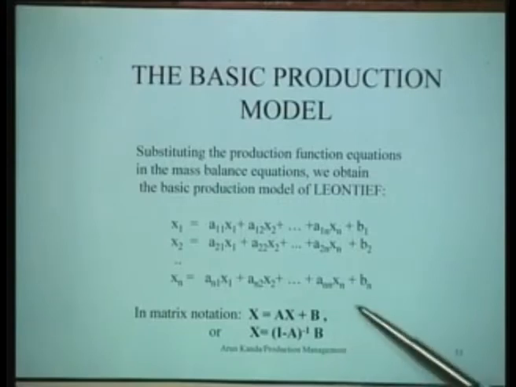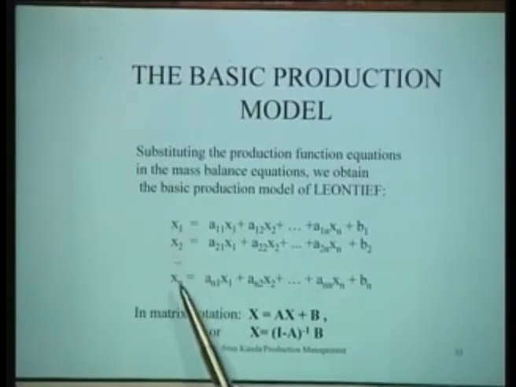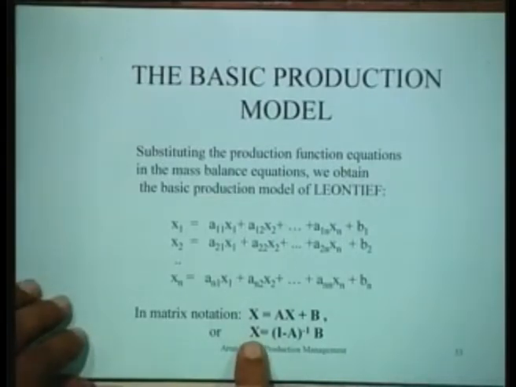This is the basic Leontief model. It says you can calculate the production quantities knowing the requirements of the individual sectors in the economy if you know the technological coefficients, that is the matrix A.